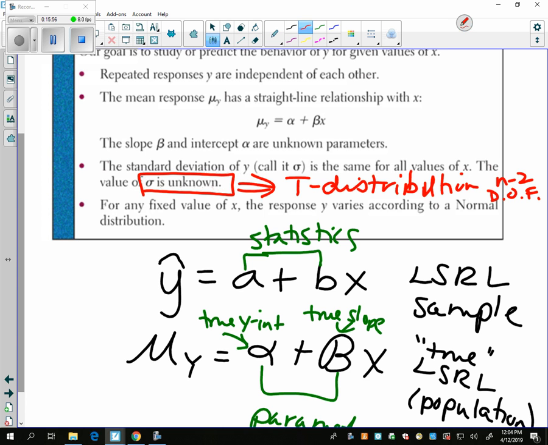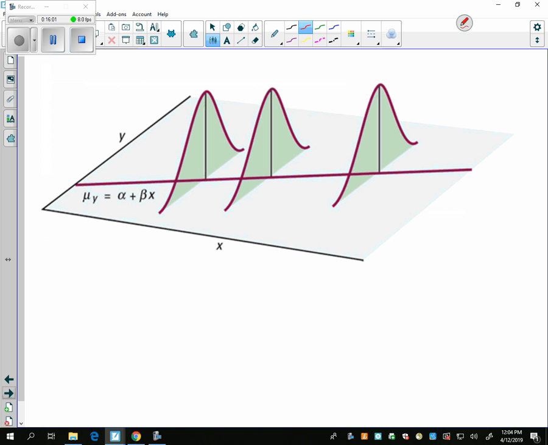And then it says for any fixed value of x, the response y varies according to a normal distribution, which is the picture shown here. So this is saying for any value of x, if you had this x1, this x2, this x3, when you plug in an x and you get a y, the responses would be normally distributed.